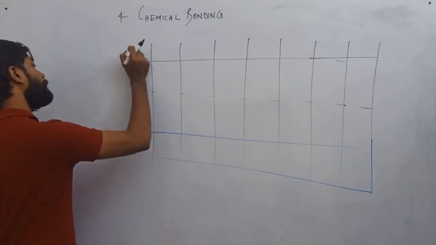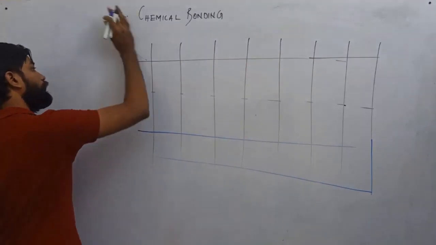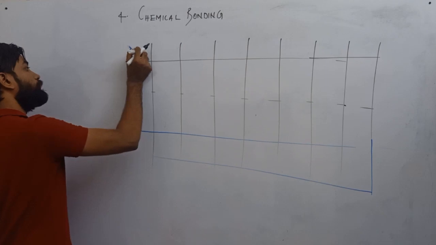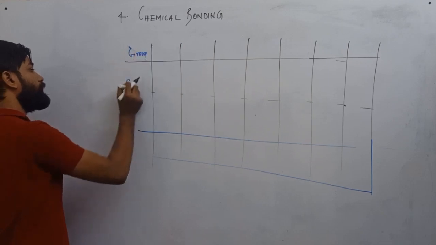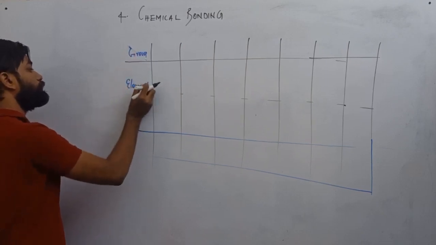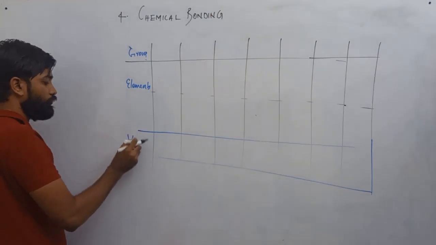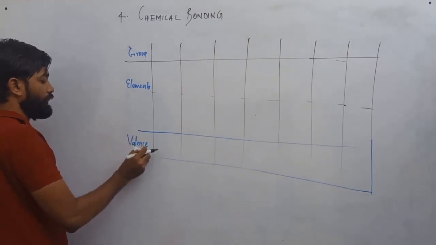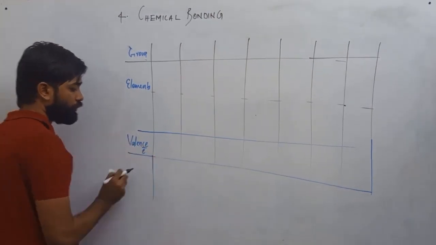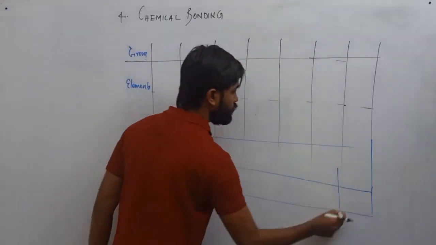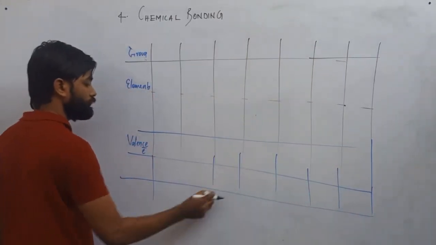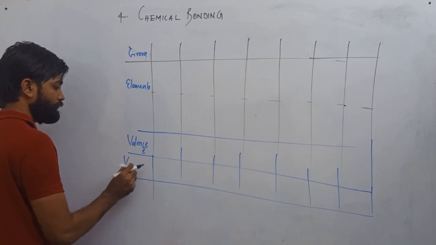Here is the group, here is elements, and its valence electron. The last column, there is one more column, which is for valency.